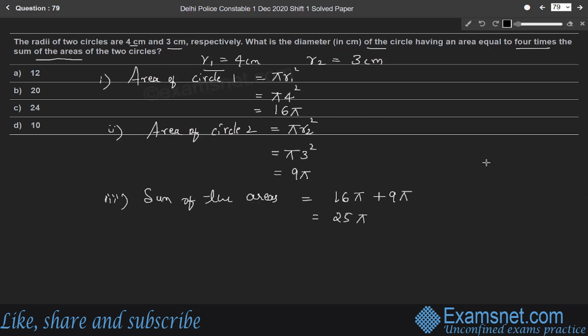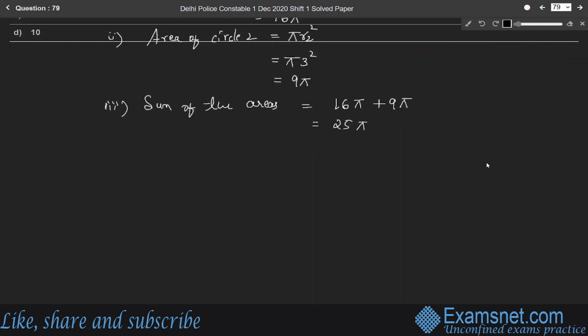And 4 times the sum of areas. So the next part is 4 times the sum of the areas, which becomes 4 times 25 pi, which is 100 pi.